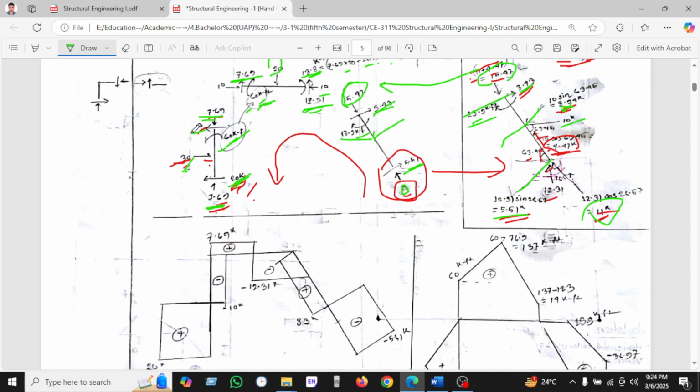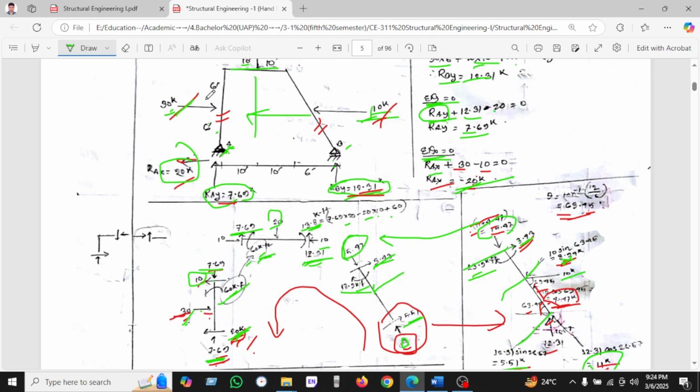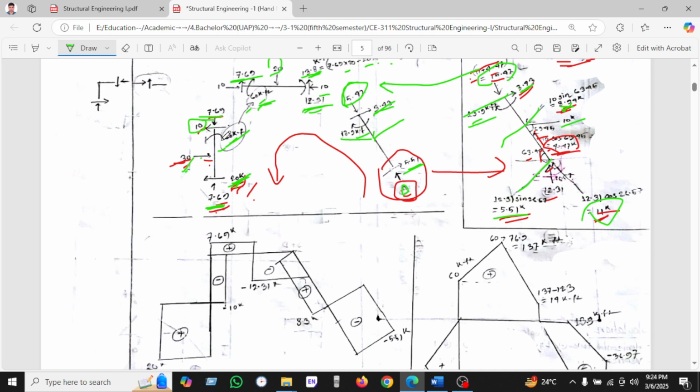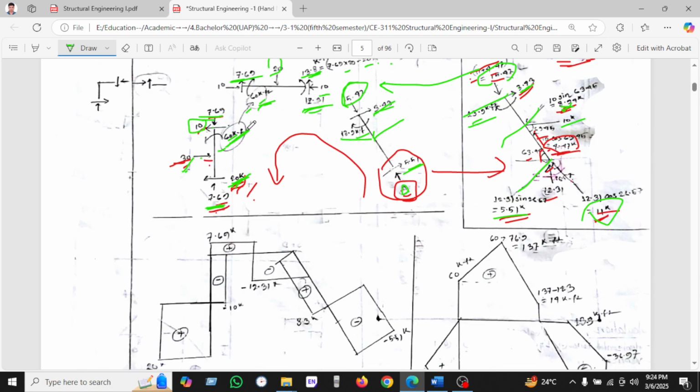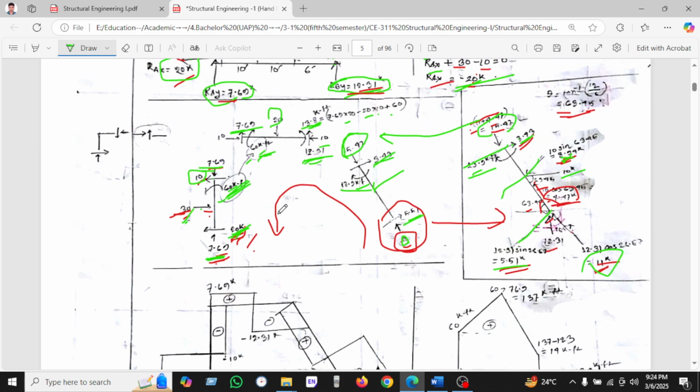So we have to provide only 10 load for balance purposes, as now we're taking the moment here. So moment, if we calculate the moment, is 30 into how much, 30 into 6, and 20 into how much, it will be 12. So in this way it will be 60 kip-feet. That's why it will be calculated here.